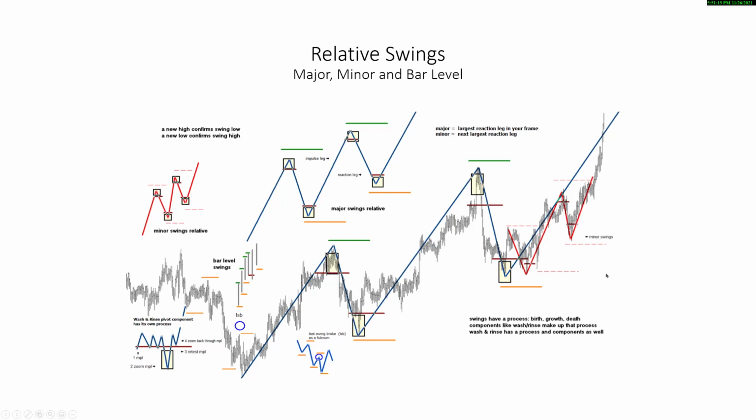If you understand this cycle, we can design methods in each part of this cycle. We can design methods in the early stages, in the growth stages, and so on.